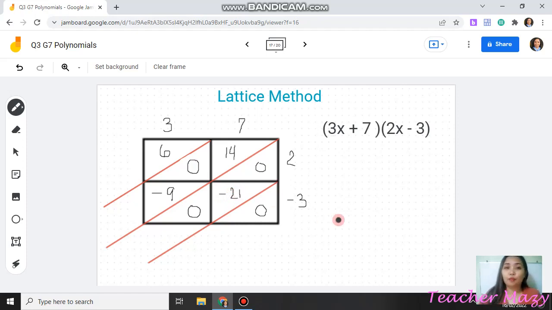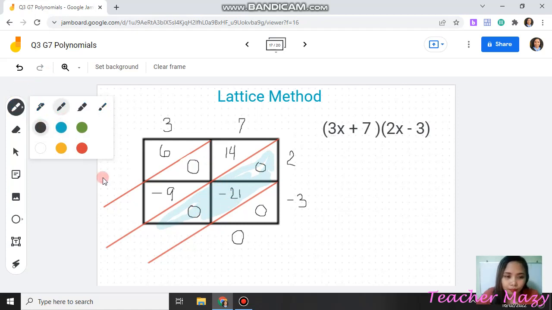Now for step 4, we need to get the sum of the entries for each diagonal. Okay, so let's begin from the bottom. This diagonal is equal to 0. Next diagonal, so to make it clearer, this diagonal.